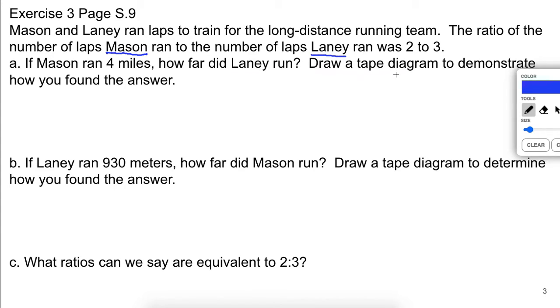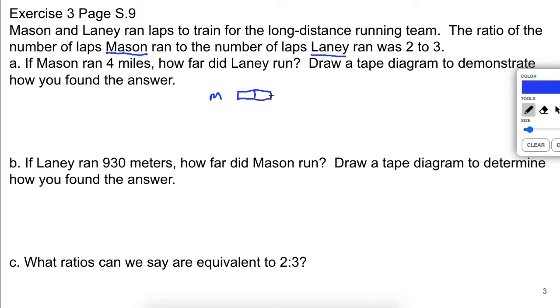So they want us to draw a tape diagram, and we're going to use the tape diagram, like I said, to solve these. We're also going to look at other methods. So let's go ahead. When we draw a tape diagram, we're going to represent the ratio. Since it's Mason to Laney, we're going to put an M here to represent Mason. When we draw these, we draw 2 to represent the 2 parts.